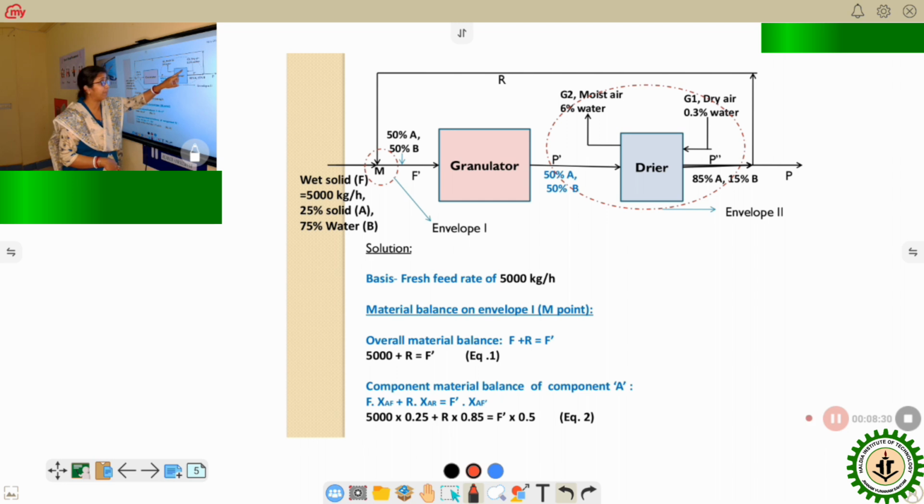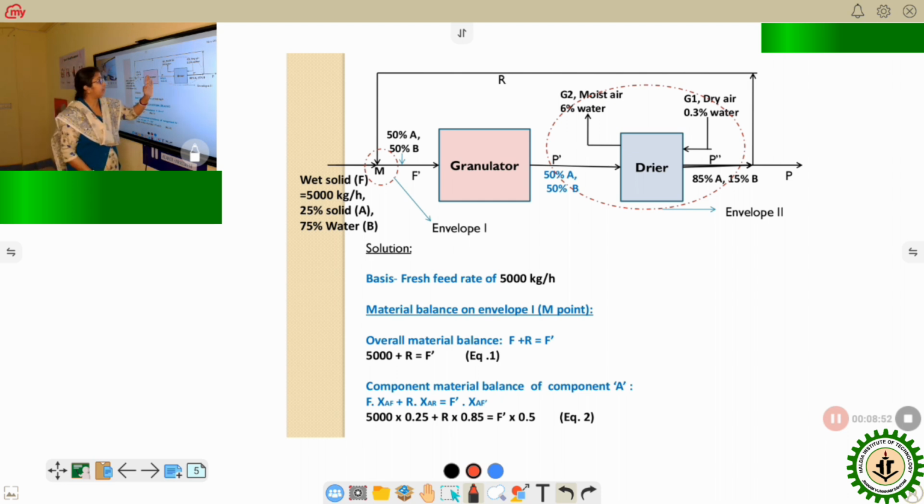G1 is the air by means of which moisture is removed from the wet sample P dash. G1 has an initial percentage of water on wet basis of 0.3%, and when this air leaves the dryer it has 6% water, that is, the moisture percentage is increasing.